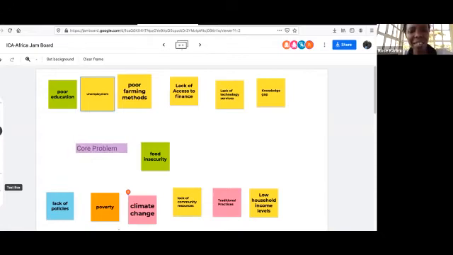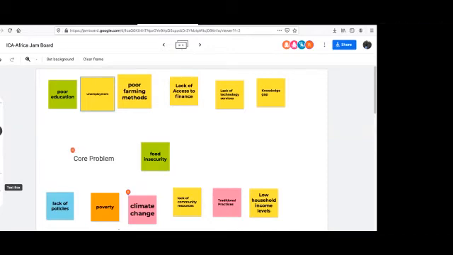Yes, this is the result of our brainstorming. From here, we have gotten a core problem. Now we want to get the effects of that problem and the causes of that problem. So we have said our core problem is food insecurity.